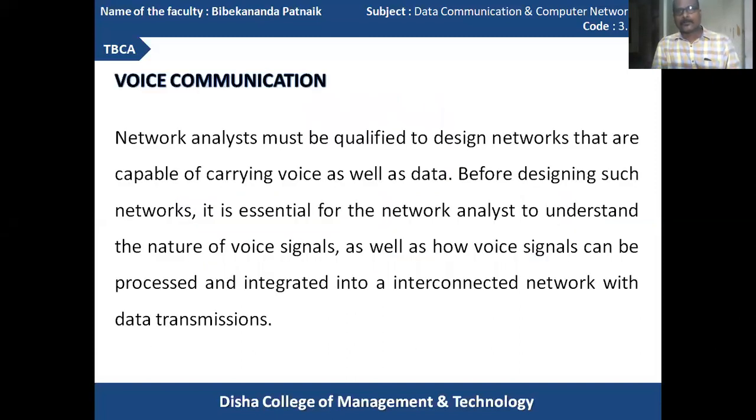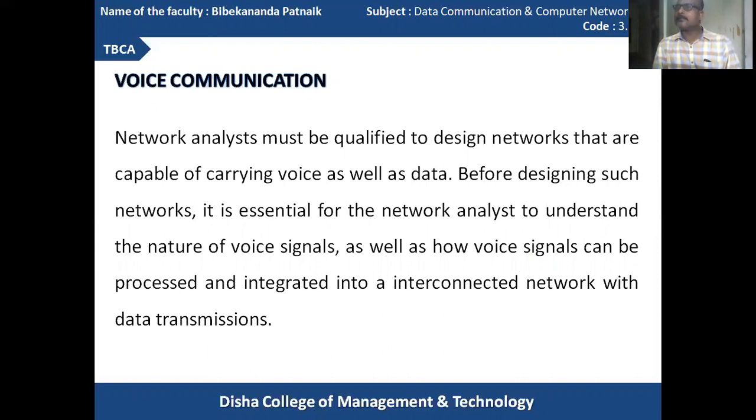Basically, a network analyst must be qualified to design networks that are capable of carrying voice as well as data. Most of the systems are based on voice as well as data.